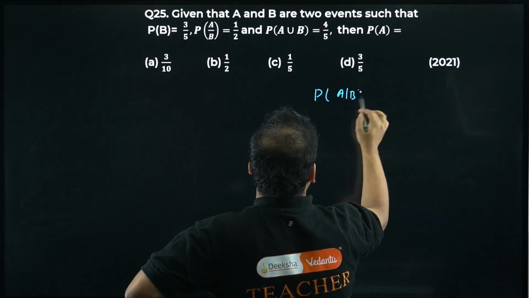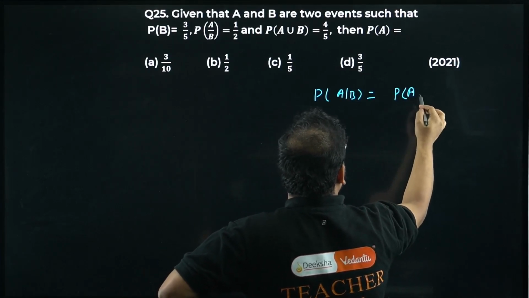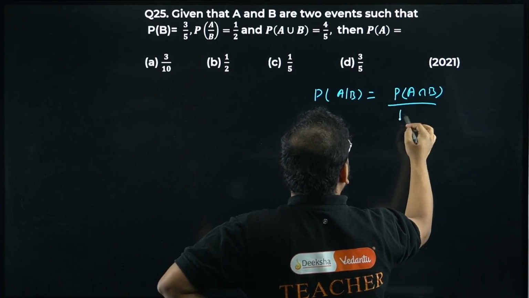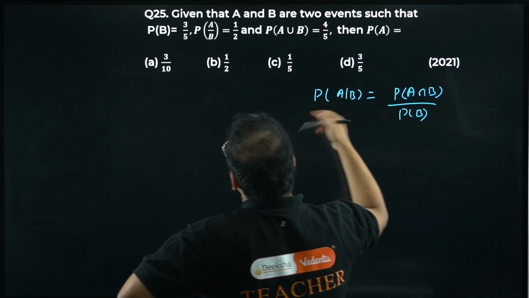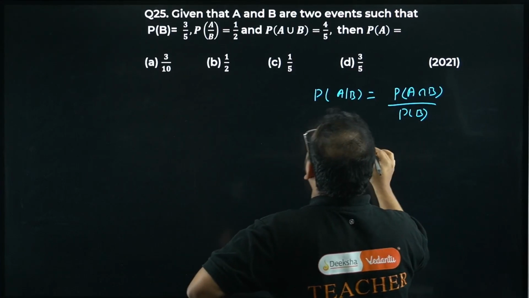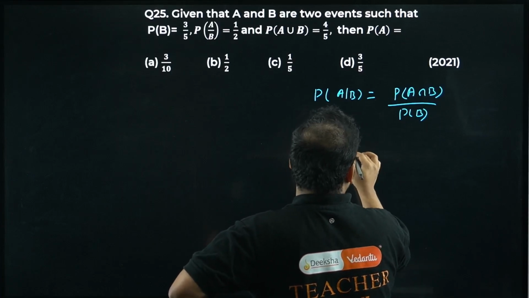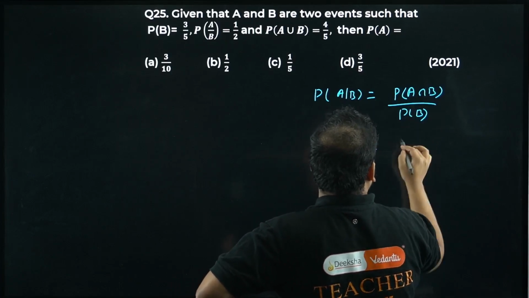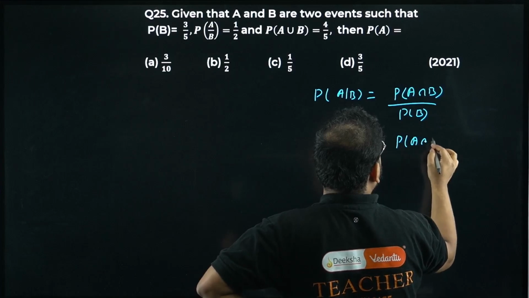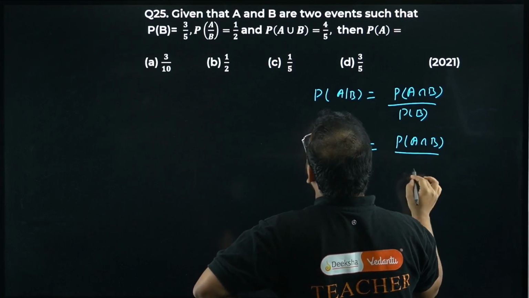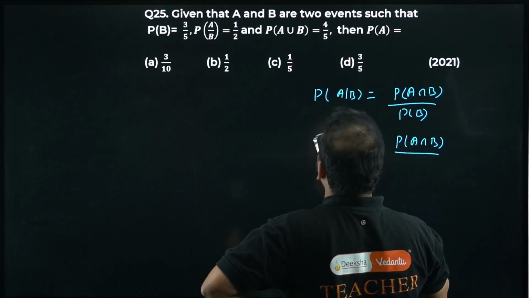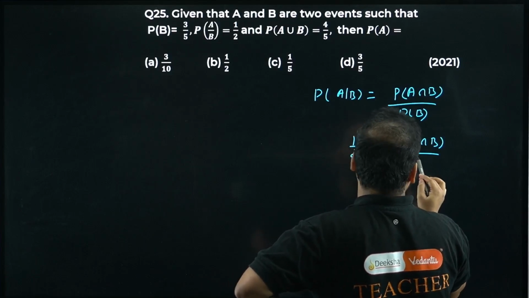Right from here, we'll have this as intersection of A with B divided by P(B). I have all the values. P(B) is 3 by 5, so we'll write here 1 by 2 equals P(A intersection B) upon P(B), which is given as 3 by 5.